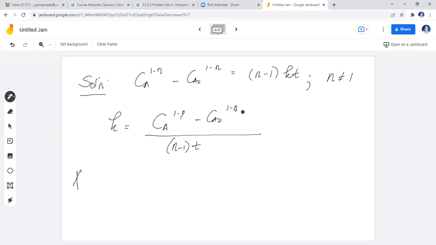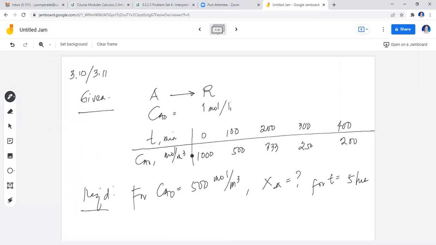So we will make a first assumption. Since we cannot have a 1, then we will have a 2. Assume n is equal to 2. Based on our information here, we'll take pairs of data and check whether our k will not change. So this is our initial concentration at initial time 0, and CA0 is 1,000 mole per cubic meter, which is equivalent to this.